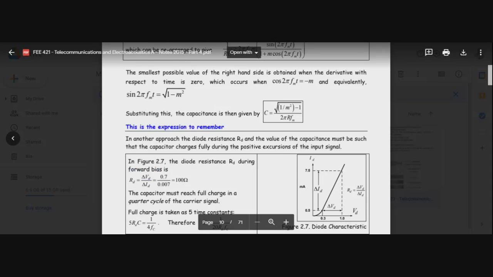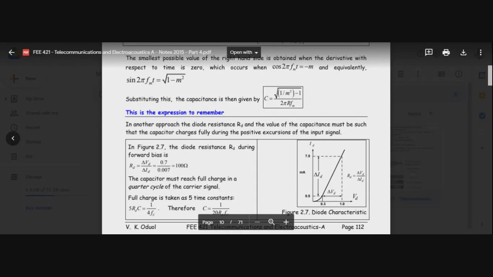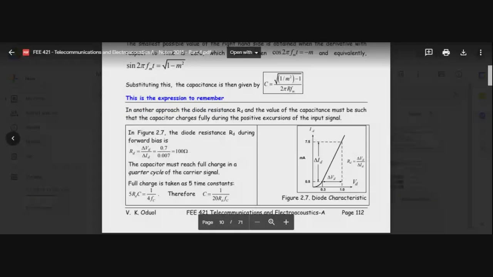There is another approach here which I would not recommend, the one in Figure 2.7, where you assume the diode forward resistance RD is, let's say, 100 ohms.